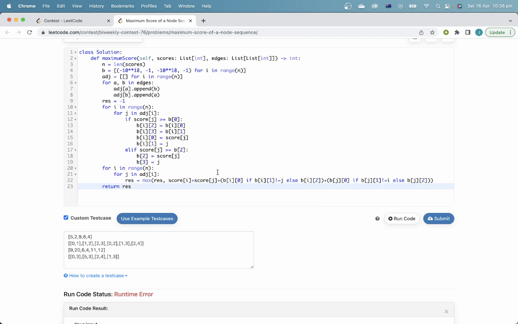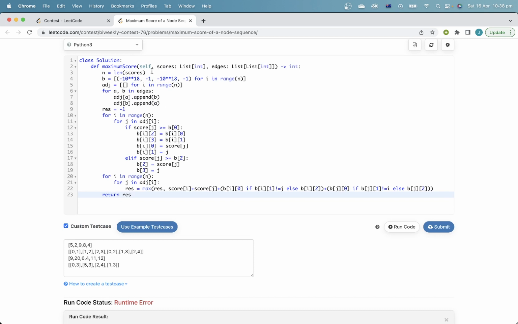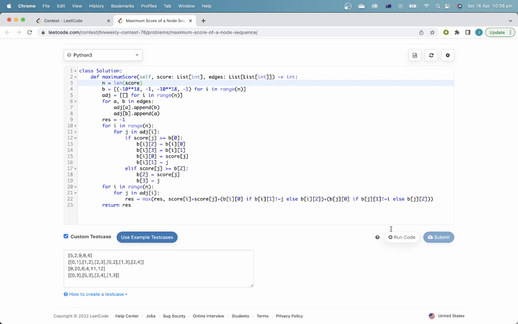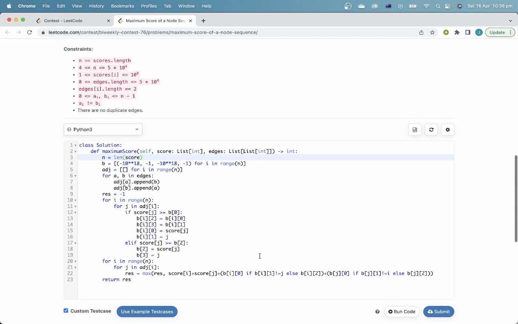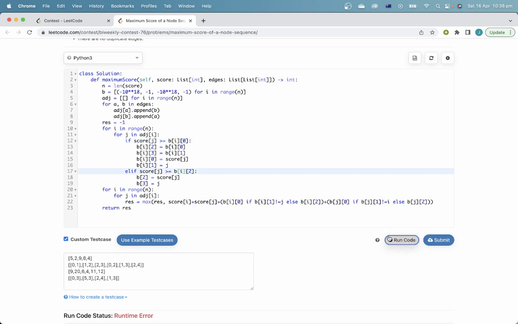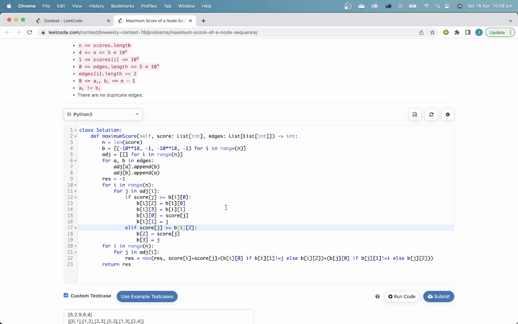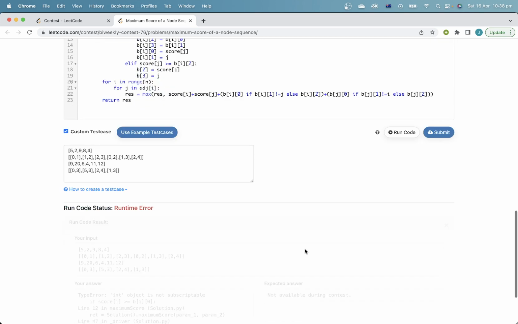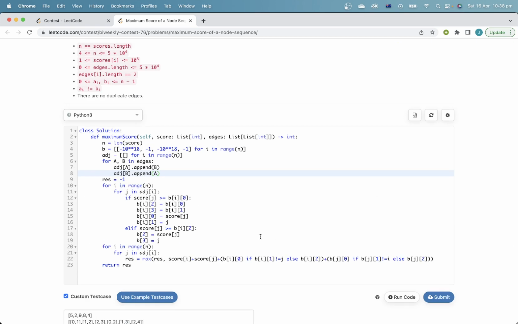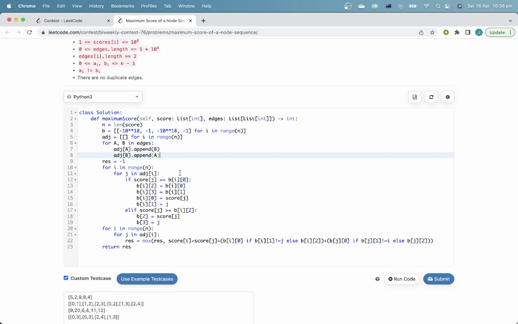-1. B by 0. Int object is not subscriptable. Oh. Variable name duplication. What?